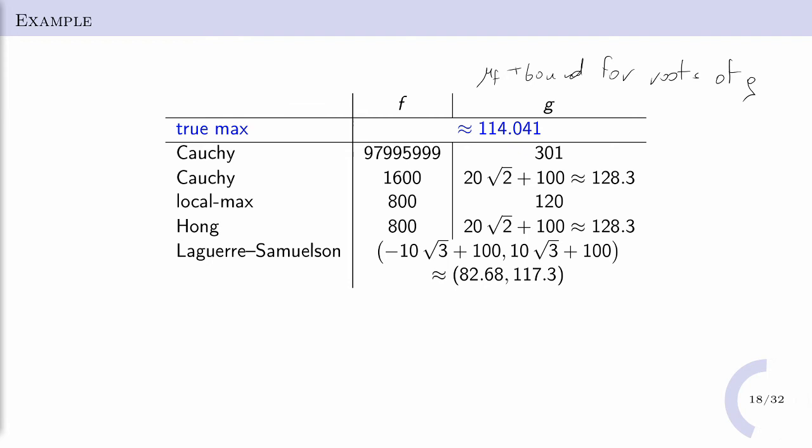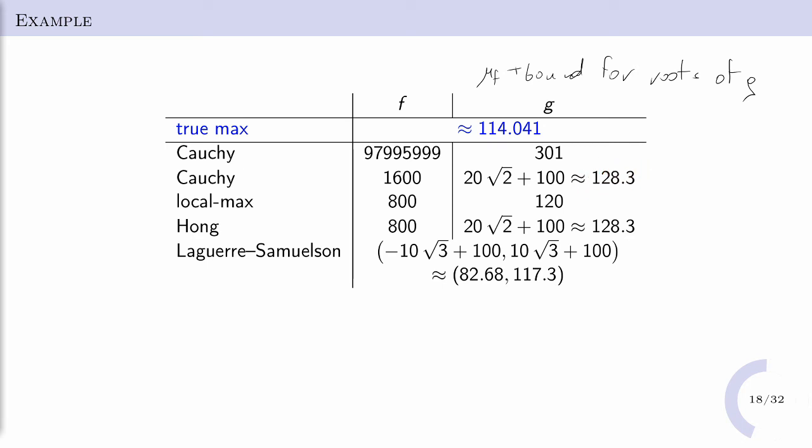The bound would be 20 times the square root of 2, and we add this mean, so we have a bound 128, which is quite good, because if the maximum root is 114, the upper bound 128 is a really good bound.